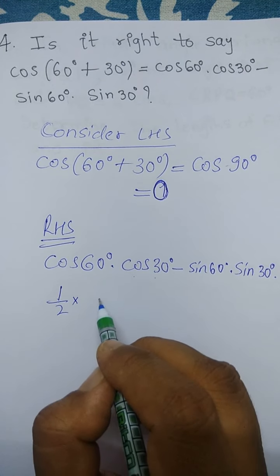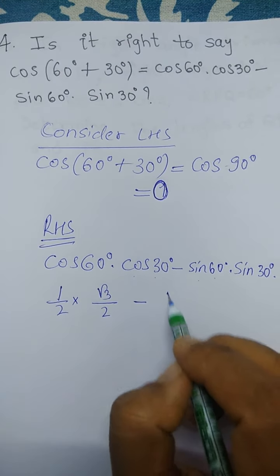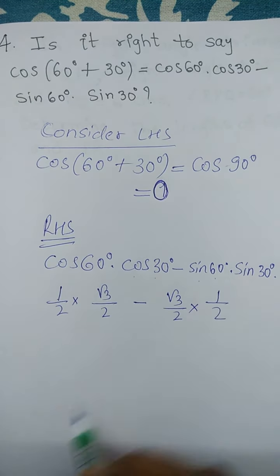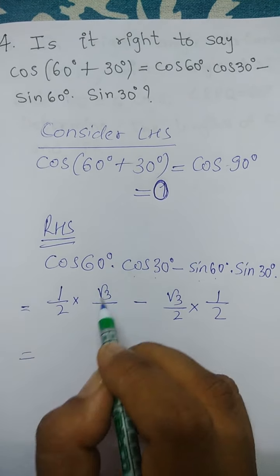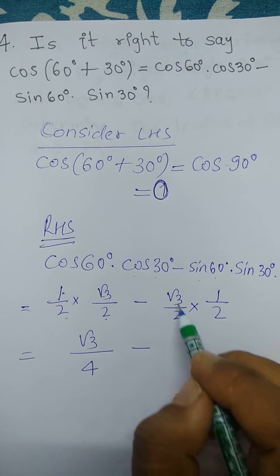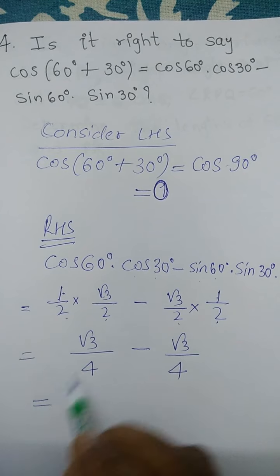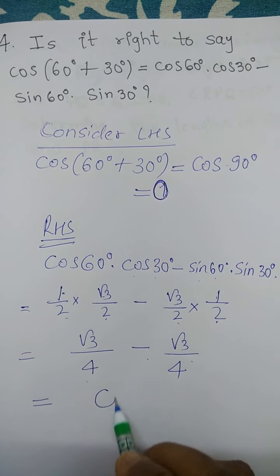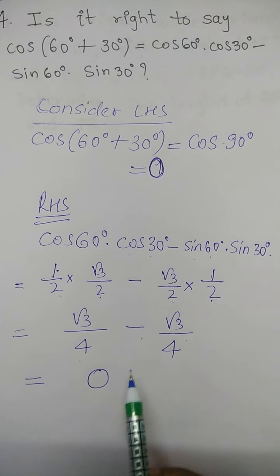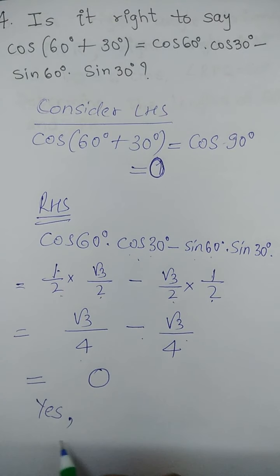Cos 30 degree is root 3 by 2, minus sin 60 degree is root 3 by 2, sin 30 degree is 1 by 2. So we get here root 3 ones are root 3, 2 twos are 4, minus root 3 ones are root 3, 2 twos are 4. Root 3 upon 4 minus root 3 upon 4 will give you 0. So is it right to say that this is equal to this? Yes.